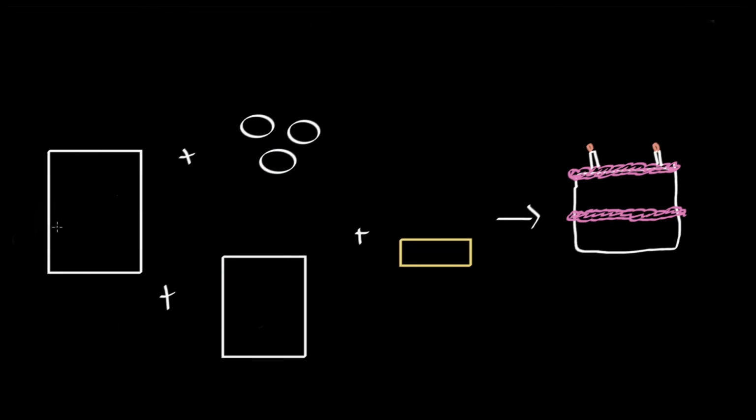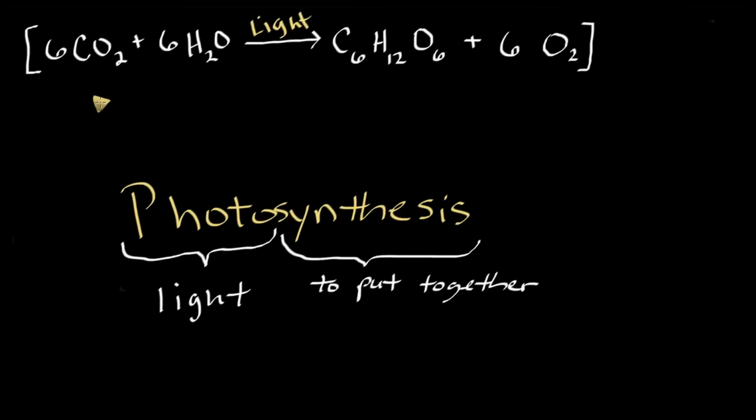It would be more accurate to say that you took flour, eggs, sugar, and butter, and used heat to combine them into something new. So sticking with our analogy, the ingredients for photosynthesis are just carbon dioxide from the atmosphere and water from the ground.